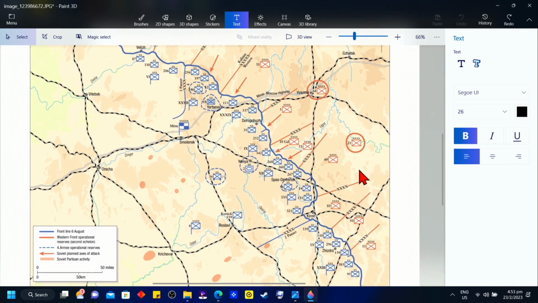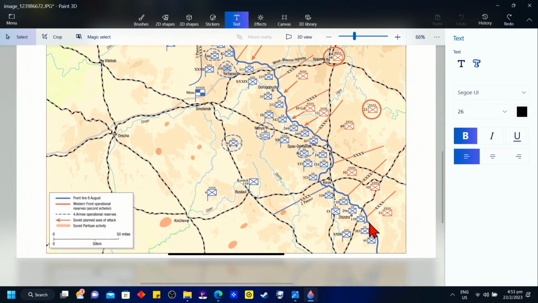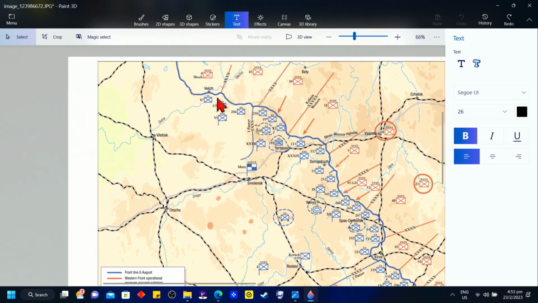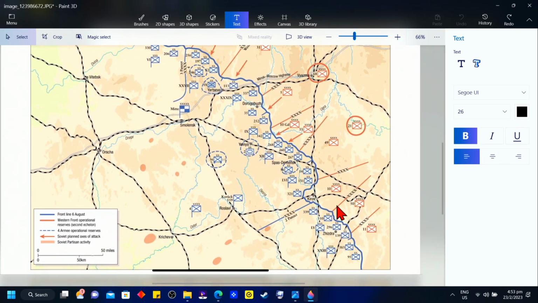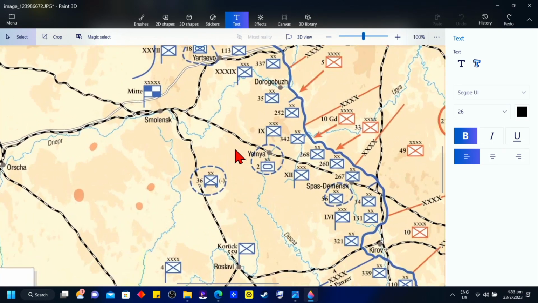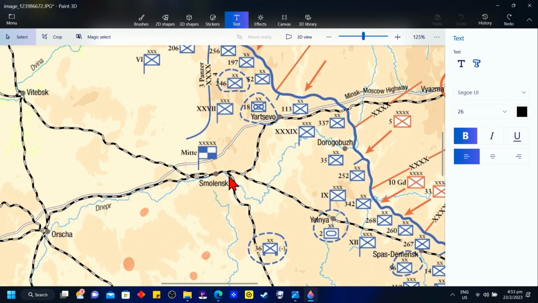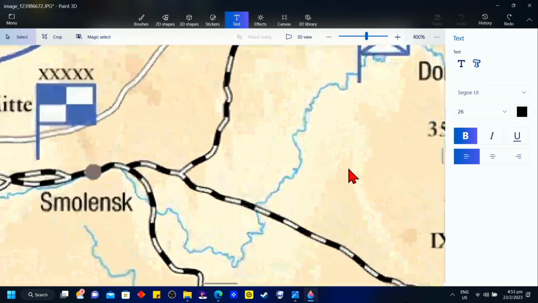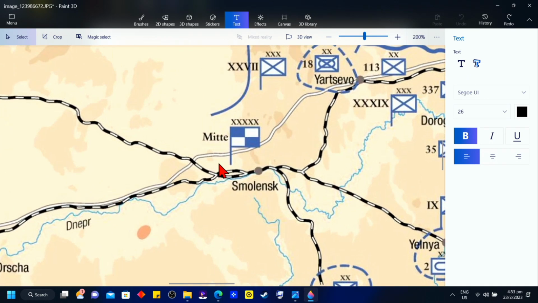The thing is that the Soviets were planning to do Operation Kutuzov before Operation Suvorov. Operation Suvorov referred to the operation to liberate Smolensk. So the Germans received intelligence, and the Fourth Army issued an order that Smolensk would be turned into a fortress.